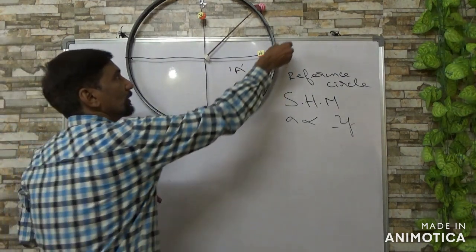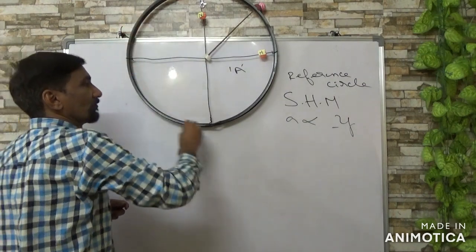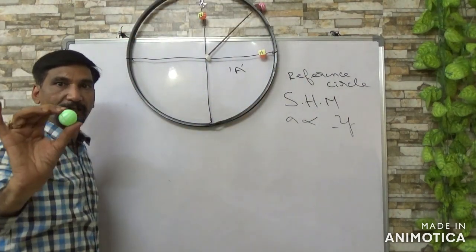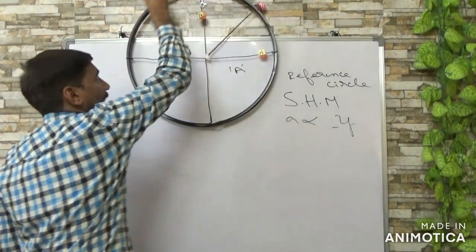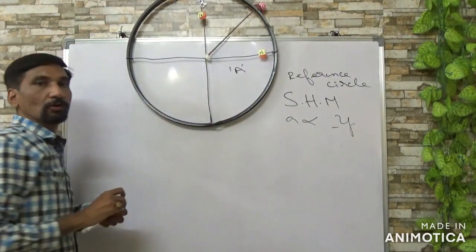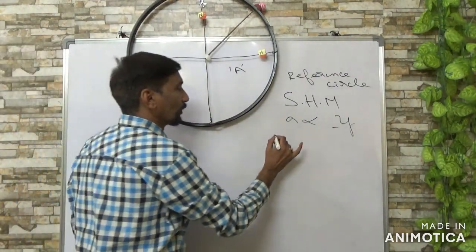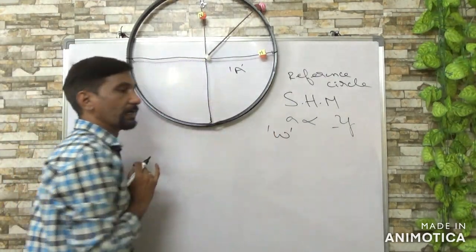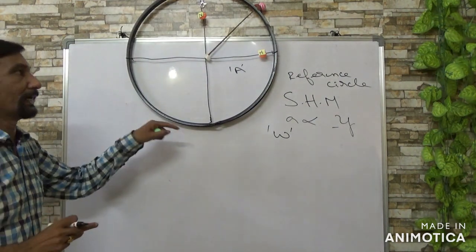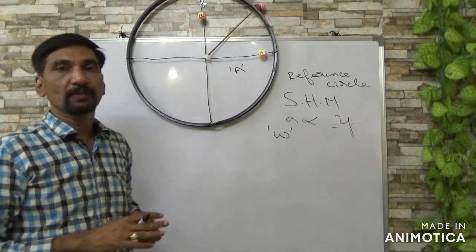Consider a particle which is moving on the circumference of a circle with constant angular velocity, say omega.